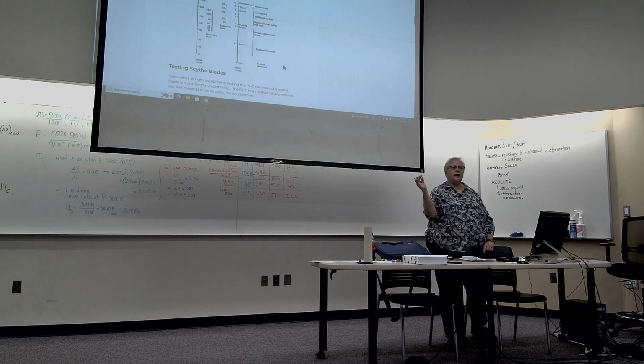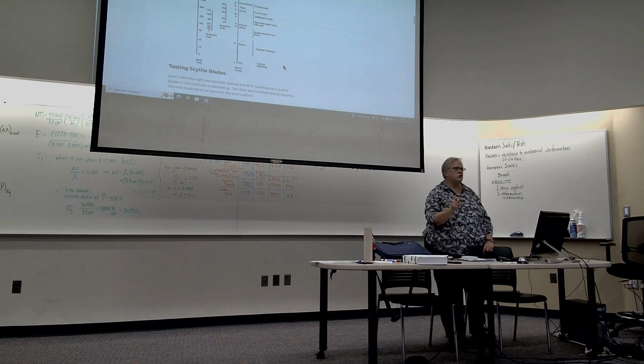You don't let it impact, you just let it come to rest, and you wait some standard length of time. I think it's like 30 seconds. And then you lift the load or the stress off, and you use a micrometer to measure the diameter of the indentation. And you look up that diameter, and it'll give you a number, a Brinell number.